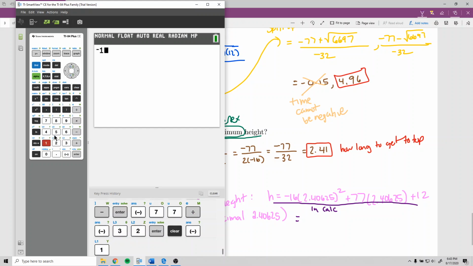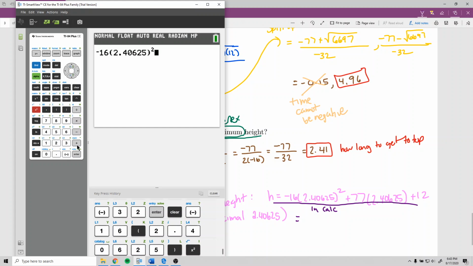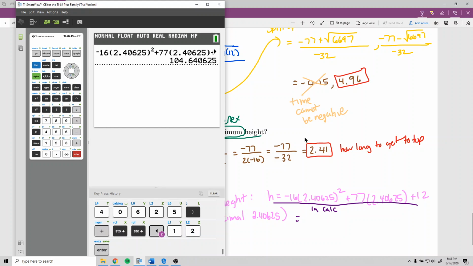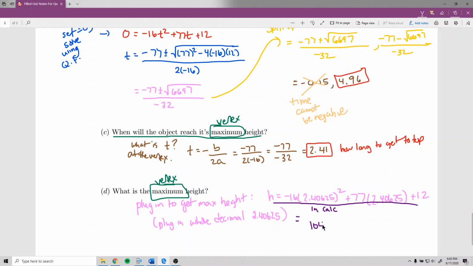Here I got negative 16 times 2.40625 squared plus 77 times 2.40625 plus 12. And I get 104.64 feet. That is the maximum height.